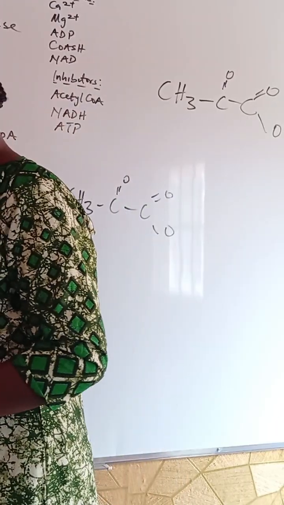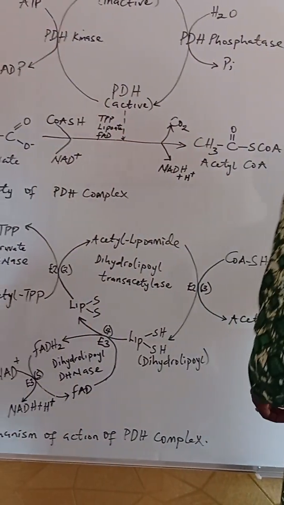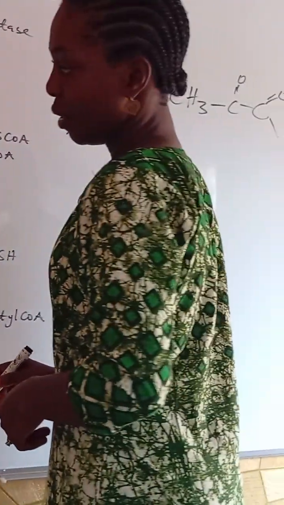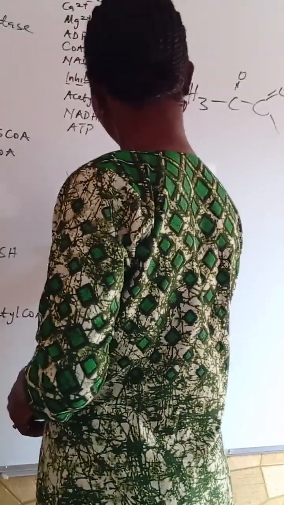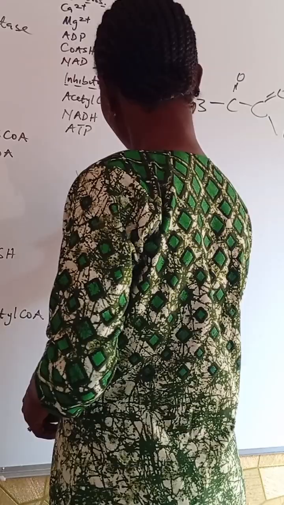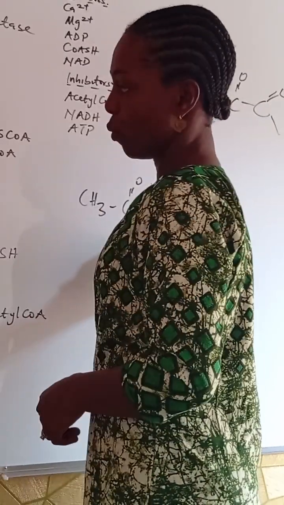This enzyme catalyzes the removal of CO2. So it removes this from pyruvate. And then we have this acetyl group remaining.